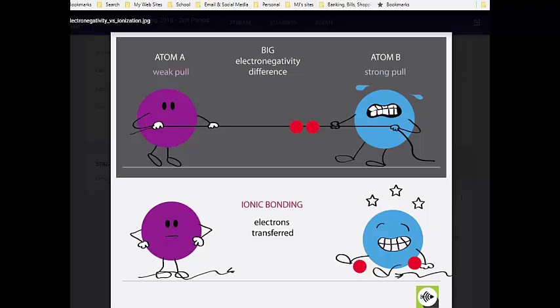We'll talk about that. Those are monoatomic ions. So in this illustration, the purple element on the left side would be the metal, and the blue one would be a non-metal. Not 100%, but close to it, that would happen.